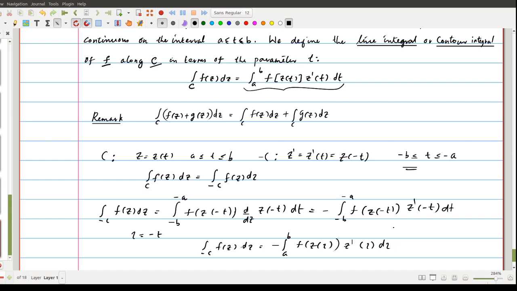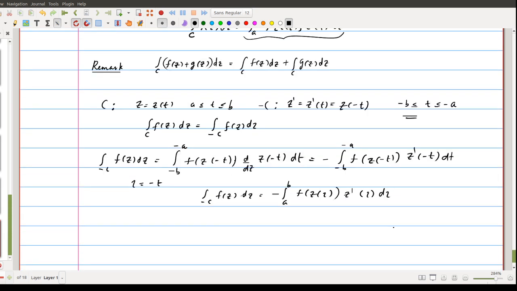This is the same as minus the integral over C of f of z dz. Because tau is a dummy variable of integration that can be replaced by any other quantity, the integral over minus C is equal to minus the integral over C.